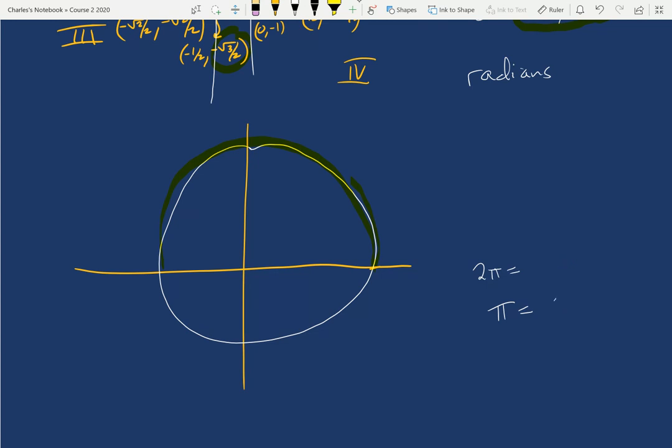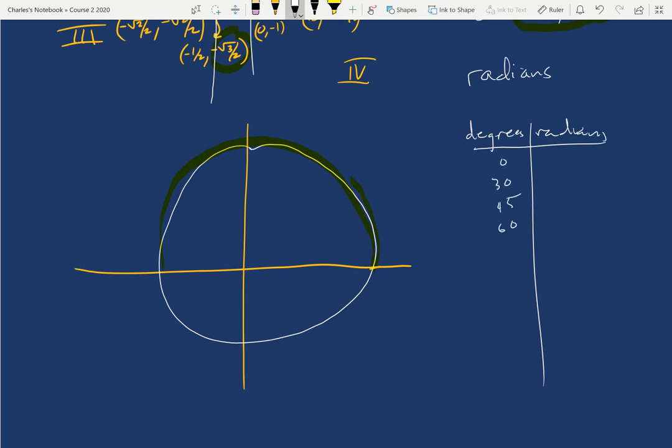And 1 pi being 180 degrees is the place that I start with. So if you list all your angles in degrees and you list them all in radians too, this is 0, 30, 45, 60, 90.